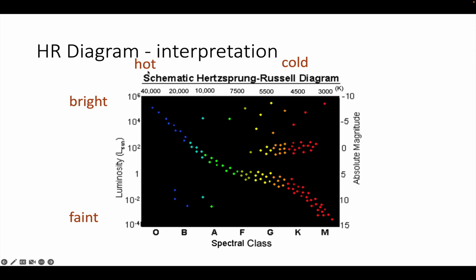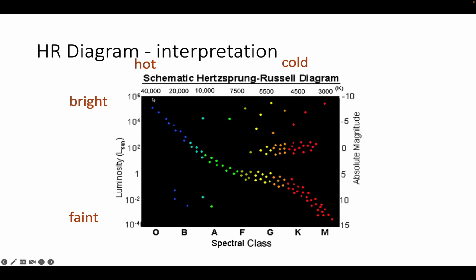Usually it's plotted with hot on the left and cold on the right, so spectral class O, B, A, F, G, K, M on the x-axis. But if you do that as temperature, the numbers are increasing to the left, decreasing to the right. Sometimes that gives people a headache, but this makes physical sense for reasons I will explain shortly.